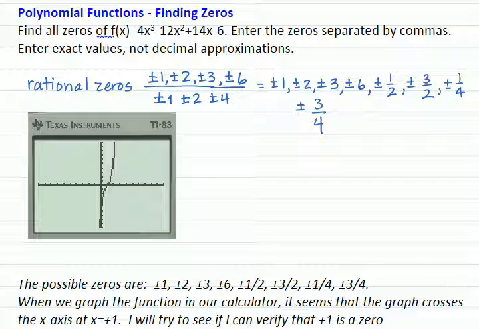When I graph the function in the calculator, it seems that the graph crosses the x-axis at x equals +1. So this seems to be one of the zeros.